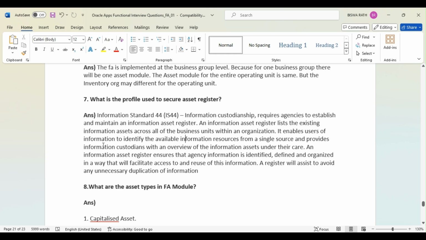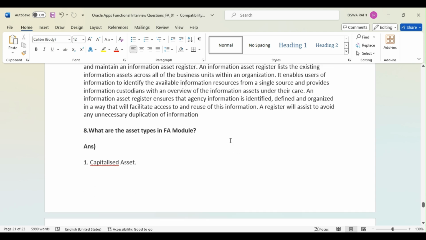It enables users to identify the available information resources from a single source and provides the information custodian with an overview of the information assets under their care. It ensures agency information is identified, defined, and organized in a way that will facilitate access and reuse of this information again. A register will assist in avoiding unnecessary duplication of information.